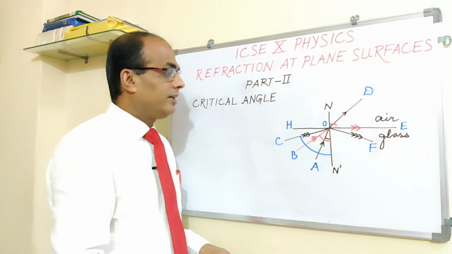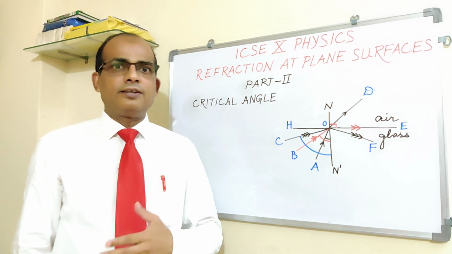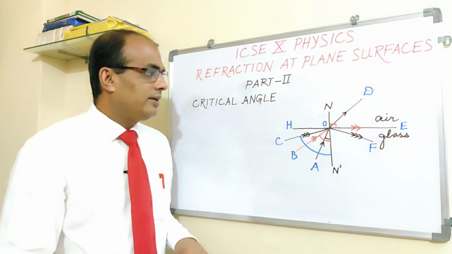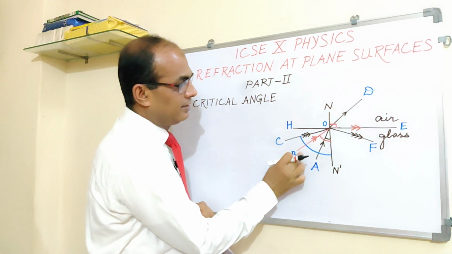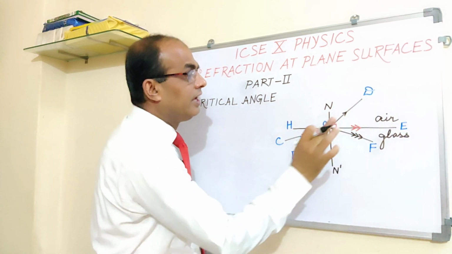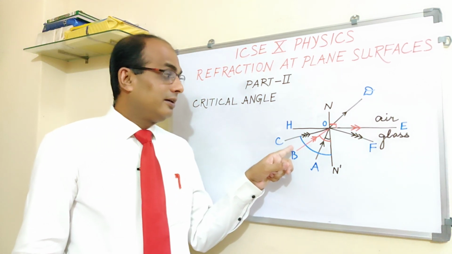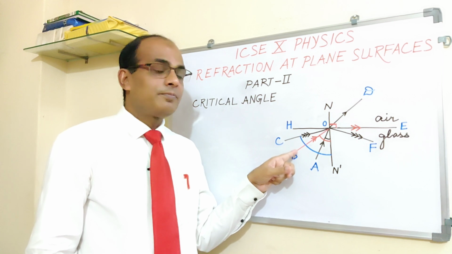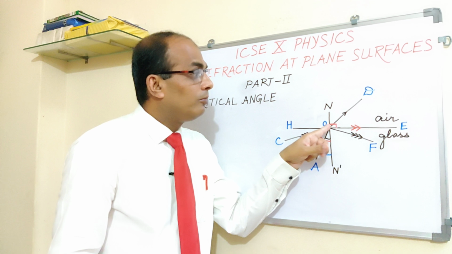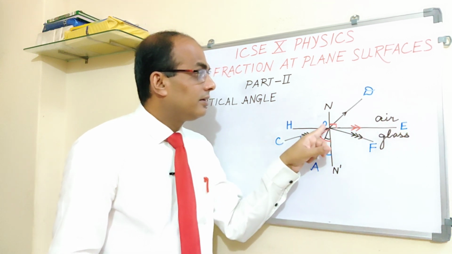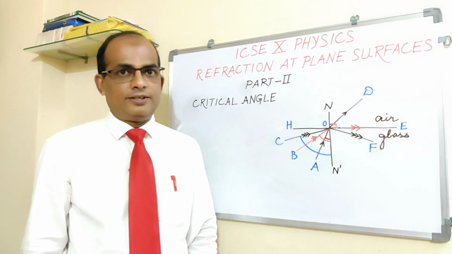I have taken only 3 rays because otherwise the diagram will be untidy. Suppose you take one ray, it goes like this. Another ray, it goes like this. So a situation will come when for a particular incident ray, the refracted ray will move along the surface OE, making an angle of refraction of 90 degree.